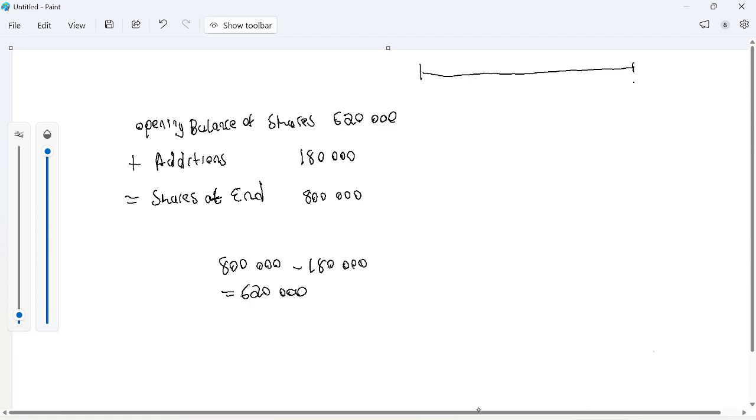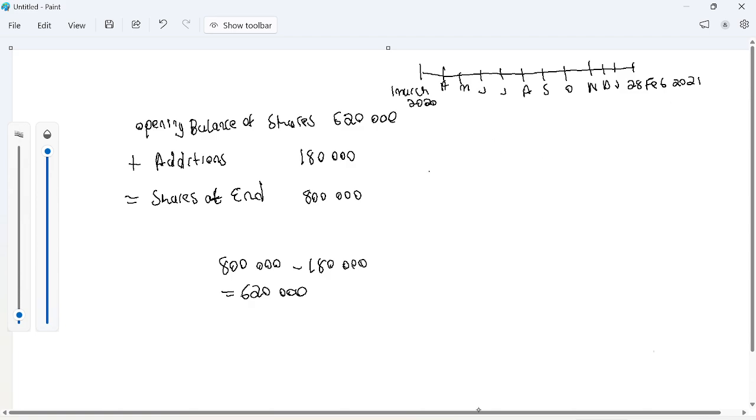Our financial period ended 28 February 2021, and it starts on 1 March 2020, right? So I'm going to say March, April, May, June, July, August, September, October, November, December, January, February, right? So this is our financial period.